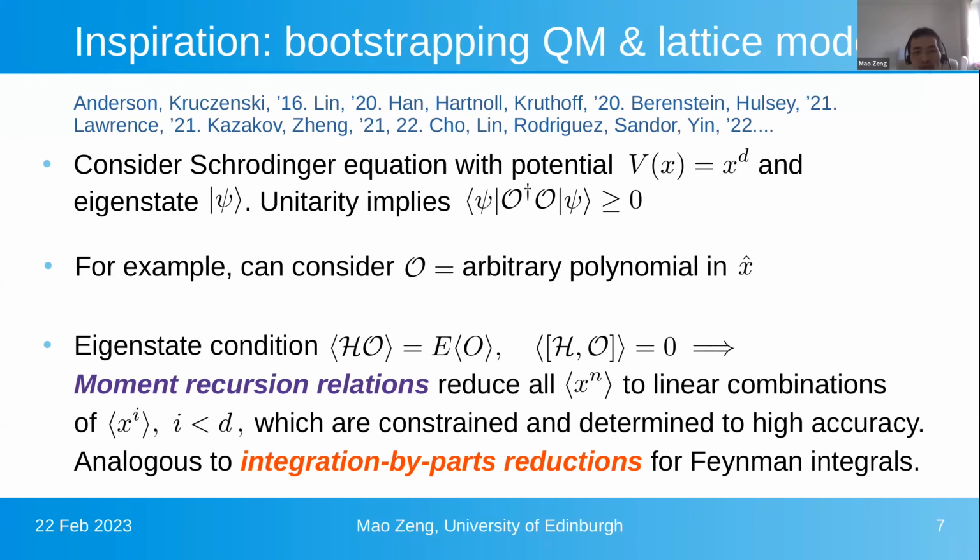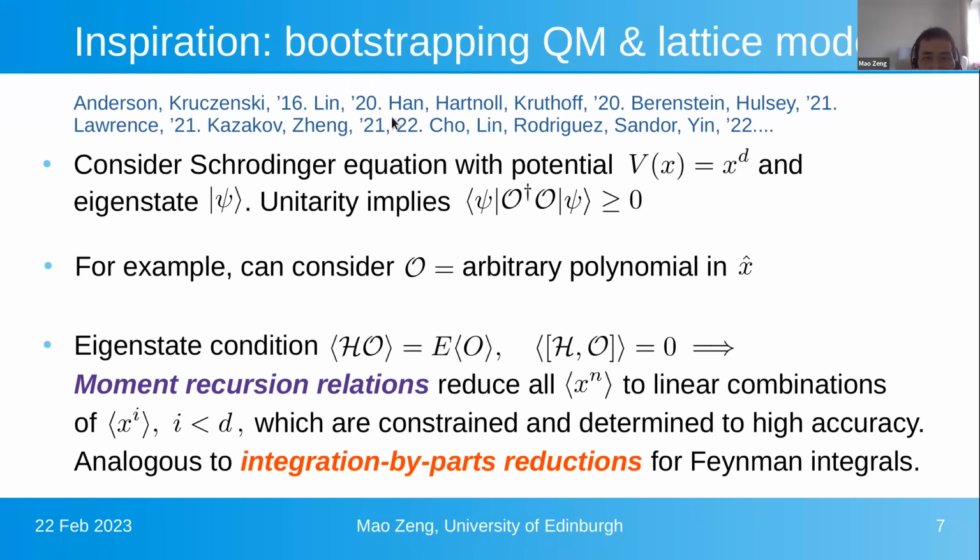So if you solve these recursion relations, you can reduce any expectation value of x to the n in the energy eigenstate to linear combinations of a finite set of moments. Exactly how many moments you need depends on the degree of your potential, on this d.